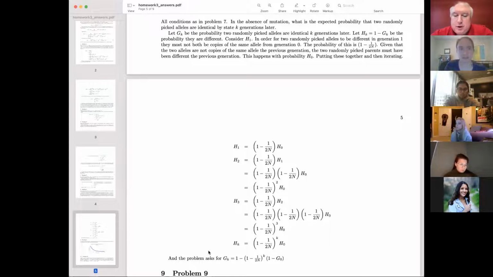So you understand why this answer is correct. Mm-hmm. And then for homozygosity, I just go 1 minus, bottom line. So for Gk, that's equal to 1 minus Hk, and H0 is 1 minus G0.